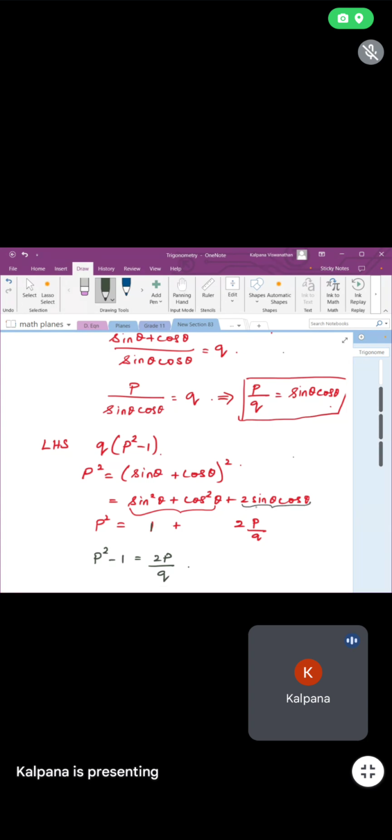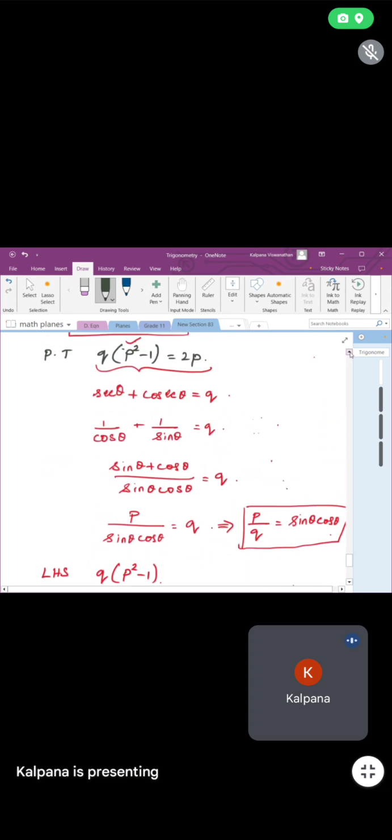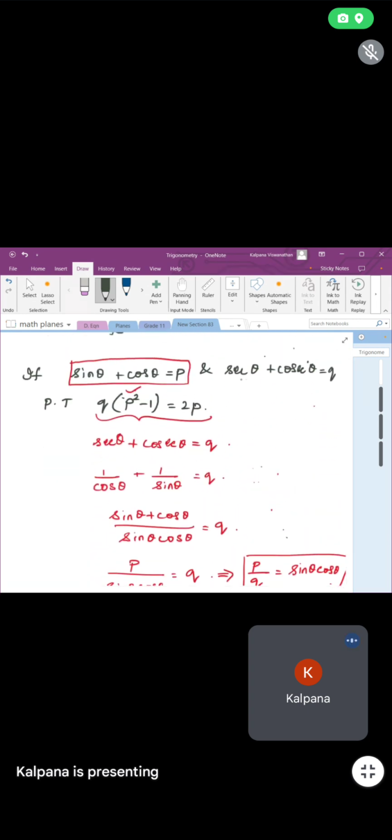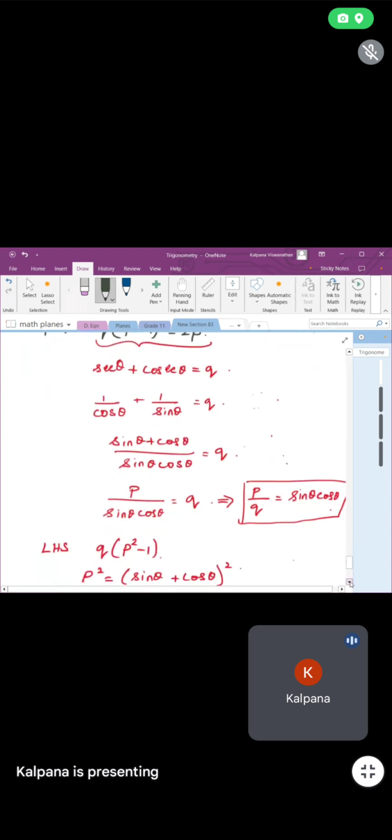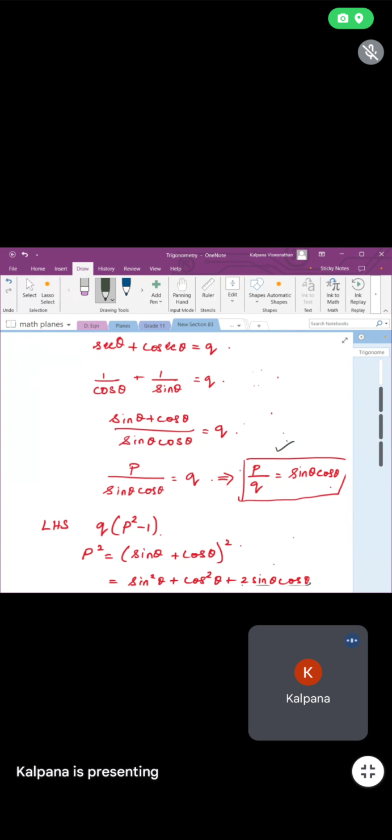Suppose you are beginning your sum with this P square. You have 2 sine theta cos theta. How do we get the value of 2 sine theta cos theta? By taking the Q term and converting it in terms of sine and cos, we can get the value of sine theta cos theta. So this can be the second part of your sum and this can be the first part.